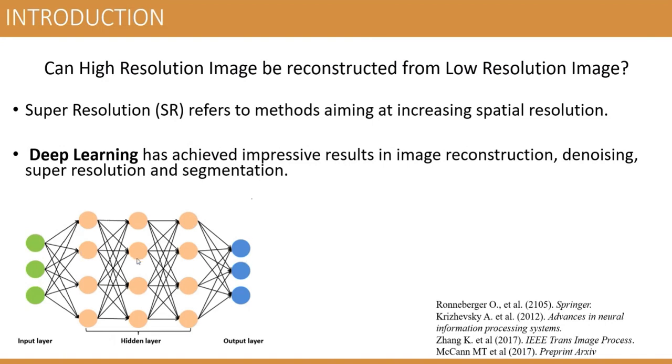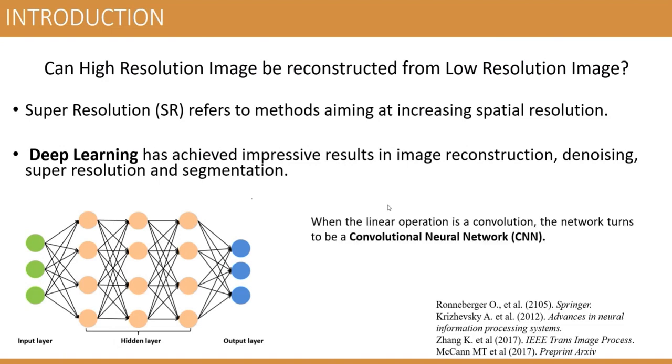So we don't define the hidden layers. The layers are related one to another through some linear transformation, and when the linear transformation is a convolution, we talk about convolutional neural networks. We also have some non-linearity in the models, which are the activation functions, but I'm not going to go through that now.